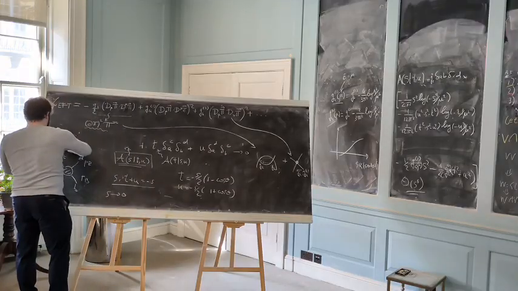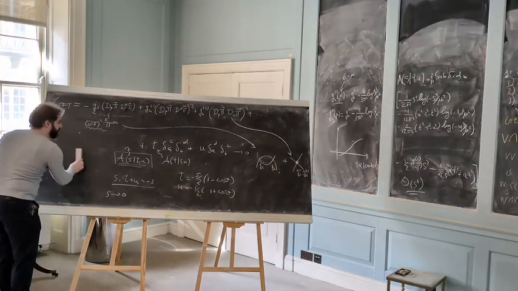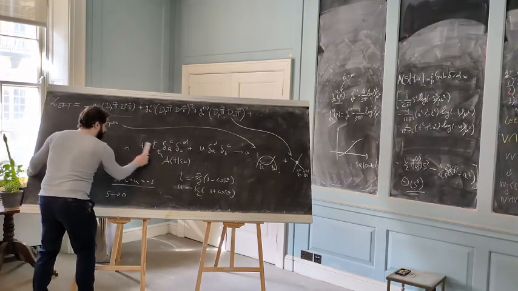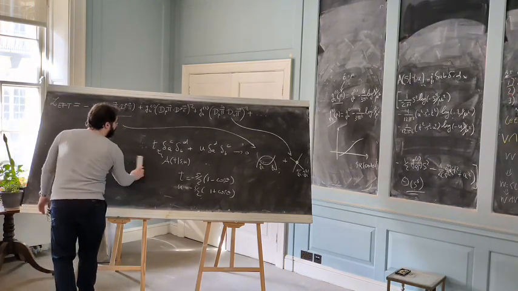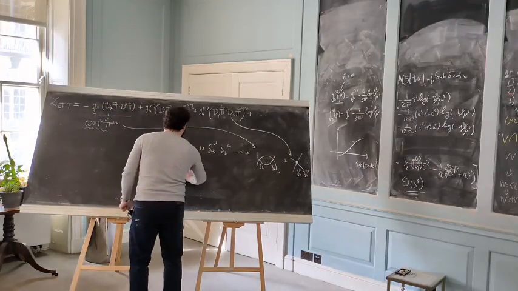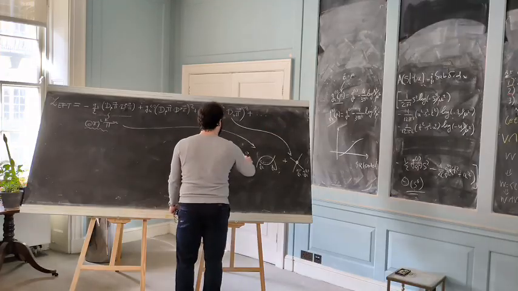To do this, let me simplify a little bit, because here we have flavor, vectors, and it's a little more complicated. Let me just simplify the setup and only explain the logic, and then one can work out the details for this case.